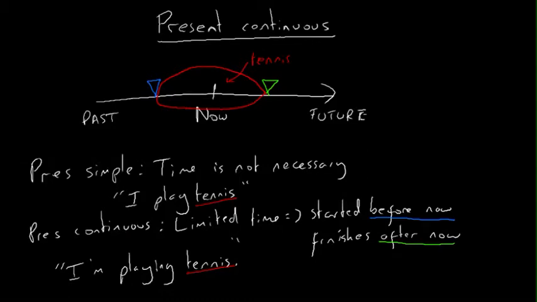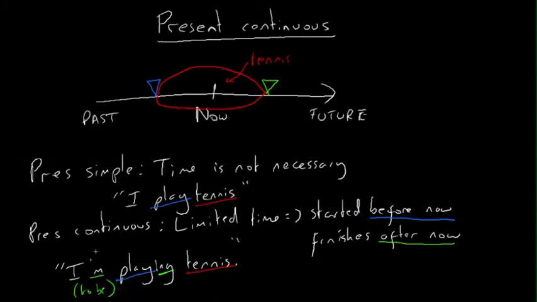The big difference, of course, is in our first example, play is the basic form of the verb. In our second example, play includes an ing form and also the auxiliary verb to be. So this is the structural difference.